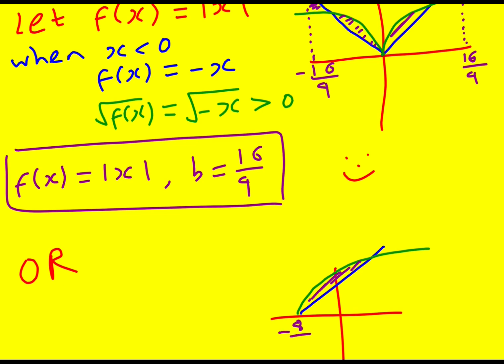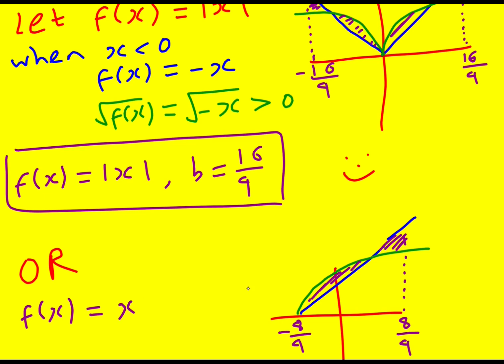So that would be minus 8 over 9. It's not perfectly to scale, but hopefully you can see what I'm getting at. So this would nicely give us our minus b and b.